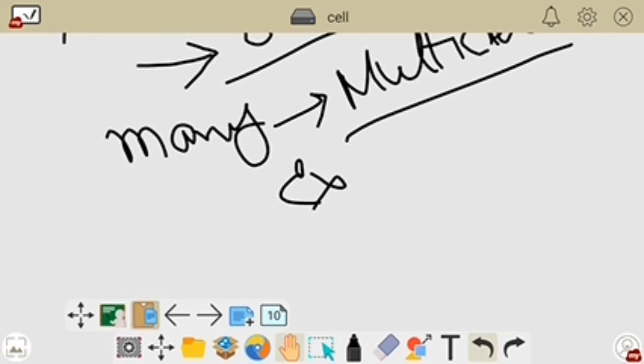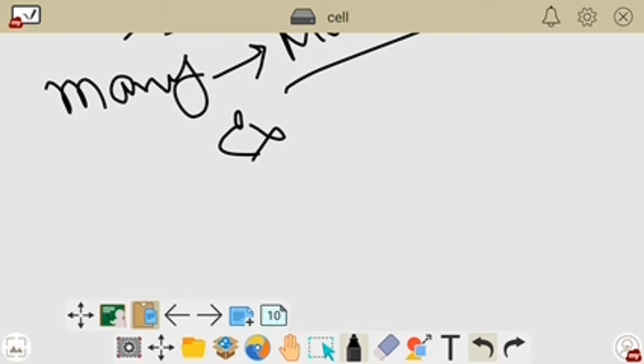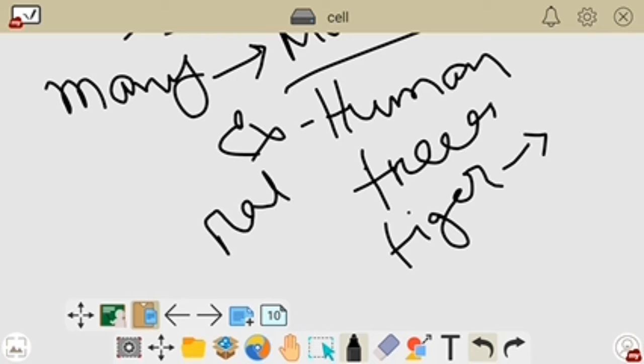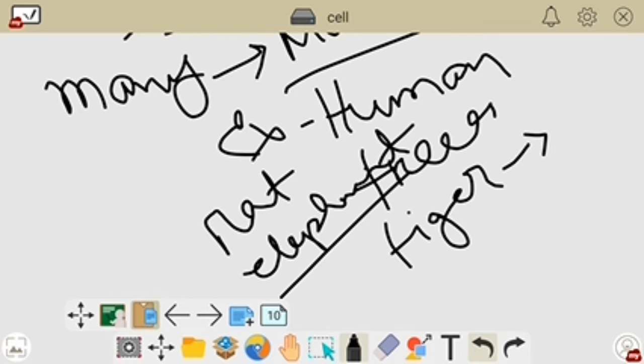Human beings have many cells in their body. Trees, tigers, which means animals, rats, and elephants are also examples of multicellular organisms.